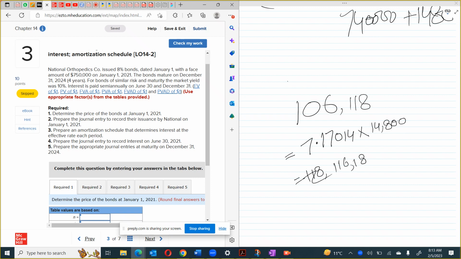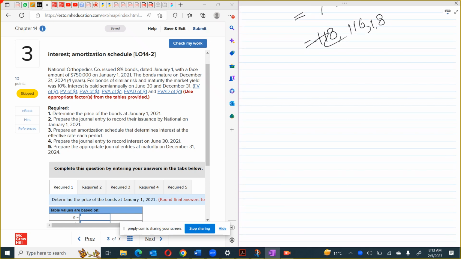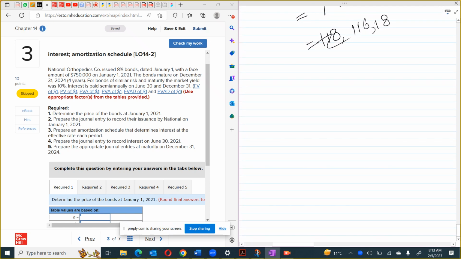So I'll repeat all of them for the exam. The I is 8%. Okay, but the bond's payments are made semi-annually. So remember, this is not the I right now.